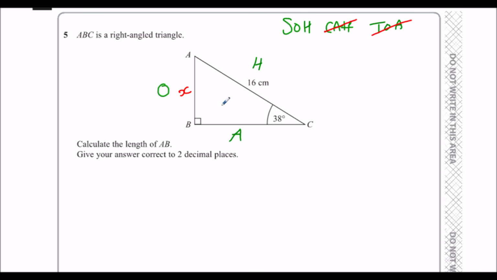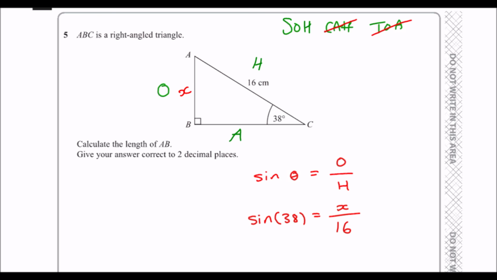Sine, so that means sine theta equals opposite over hypotenuse. Theta is the angle, which is 38. So sine 38 equals opposite, which is X, over hypotenuse 16.